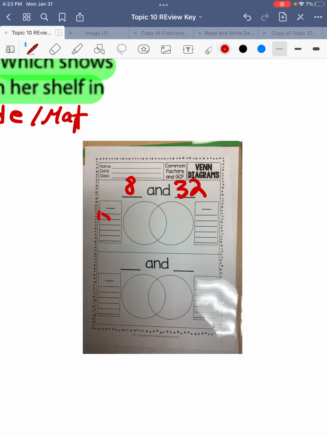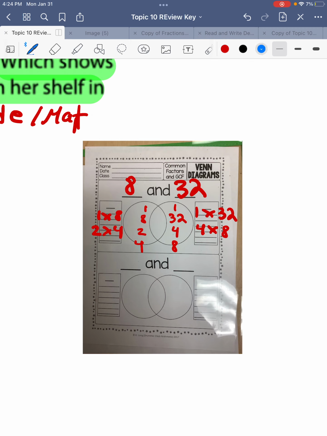I have 1 times 8, I have 2 times 4, and I believe that's it. For 32, I have 1 times 32, I have 4 times 8, and I believe that's it. Now I'm going to put the numbers in the circles. For 8, I have 1, 8, 2, 4. For 32, I have 1, 32, 4, 8.